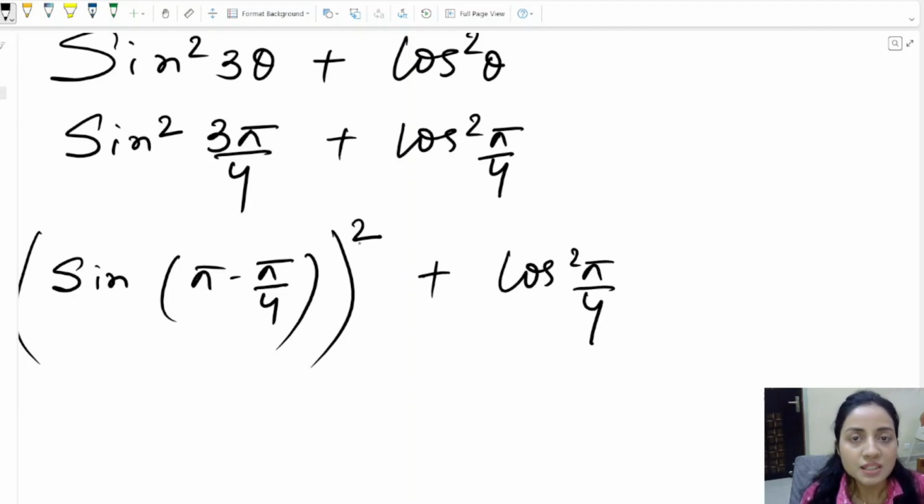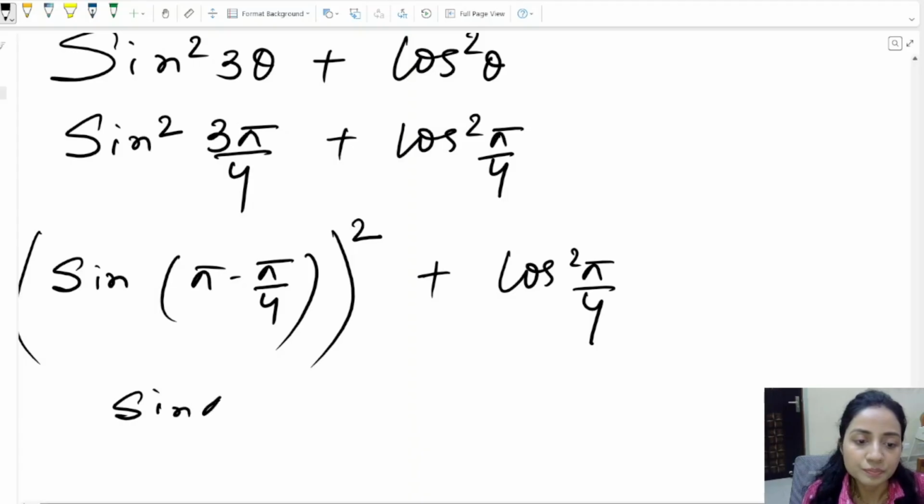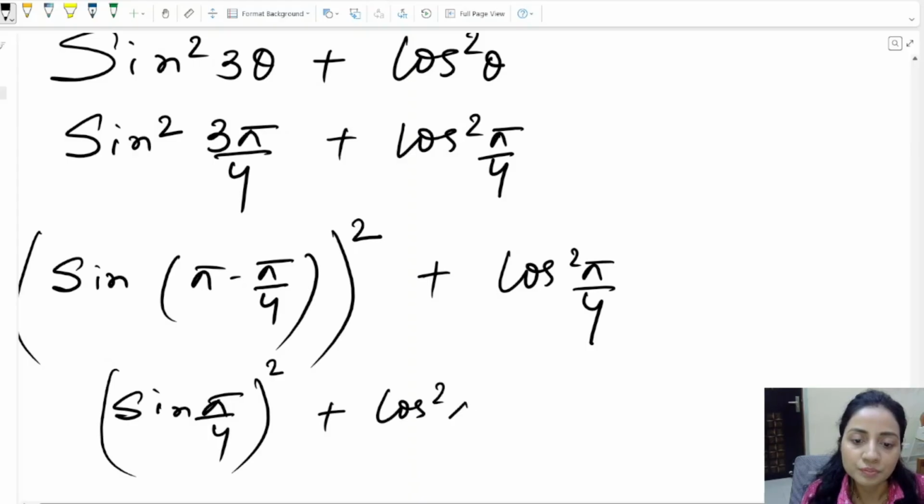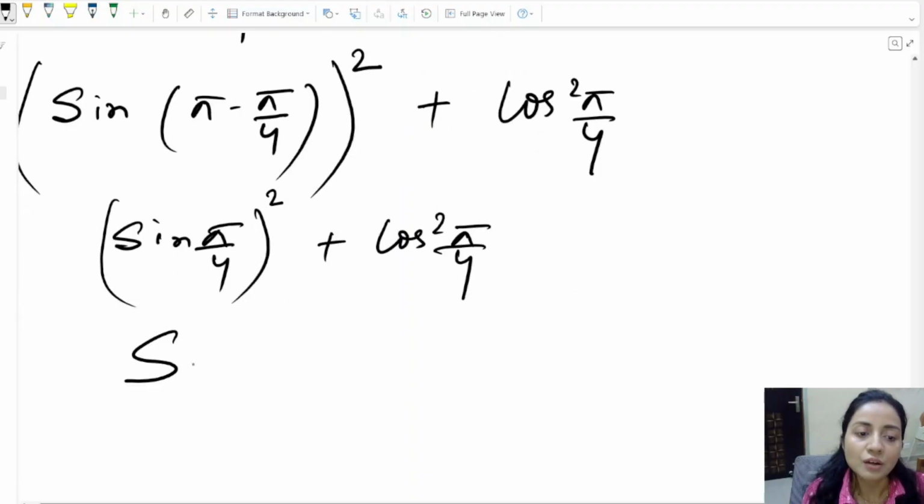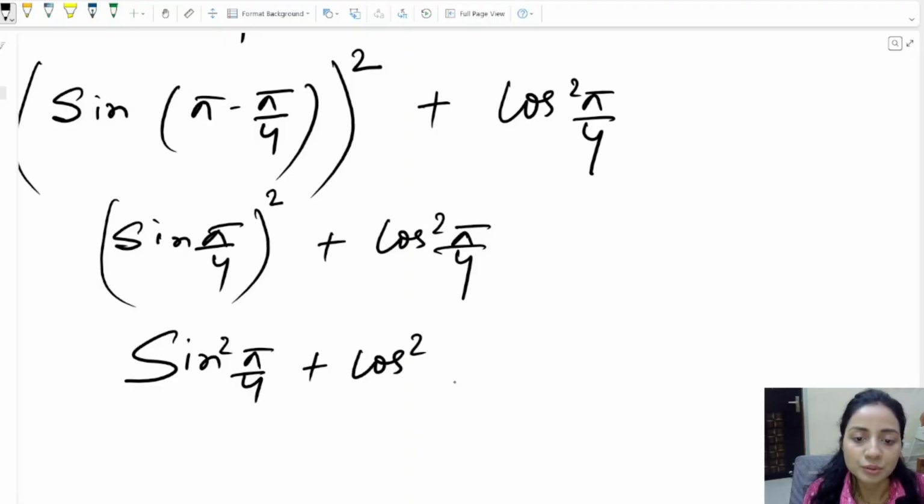Sine of pi minus theta lies in the second quadrant, and with pi, sine will not change, it will remain sine only. So we will have sine pi by 4, and positive, because sine is positive in the second quadrant. Square is there, plus cos square pi by 4. That means we have sine square pi by 4 plus cos square pi by 4.